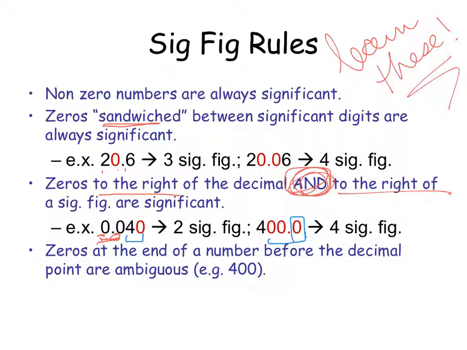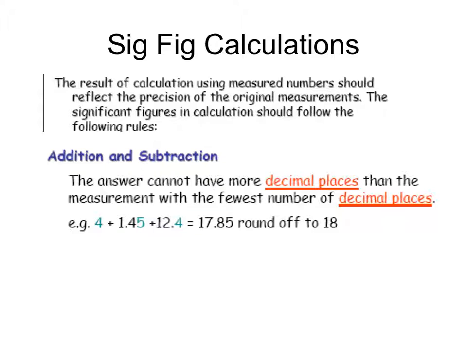Calculations are really why we're interested in this whole sig fig business. For adding and subtracting, the rules are pretty easy. You actually don't even have to know anything about sig figs to be able to add or subtract.